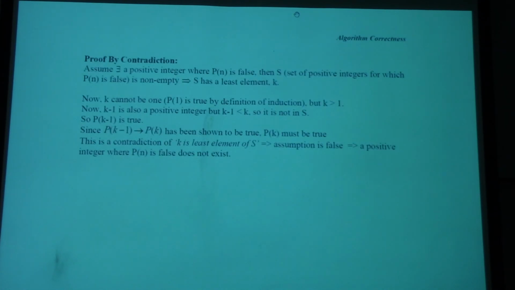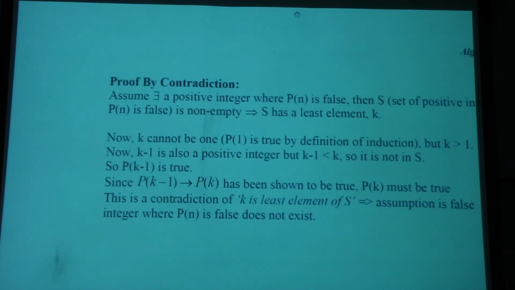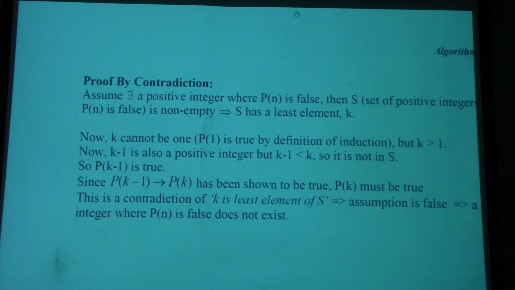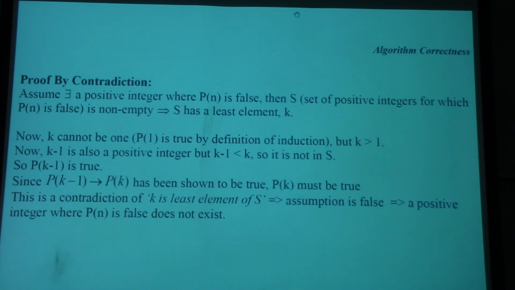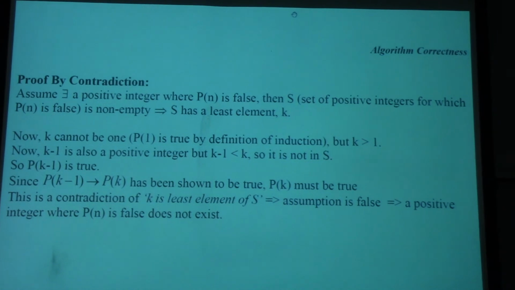So we will assume an argument by contradiction. What we're going to say, P of 1 is true, and P of n implies P of n plus 1, but that does not prove P of n is true for all non-negative n's.